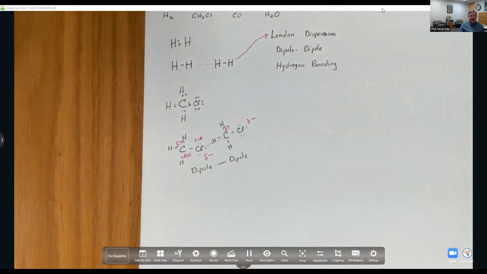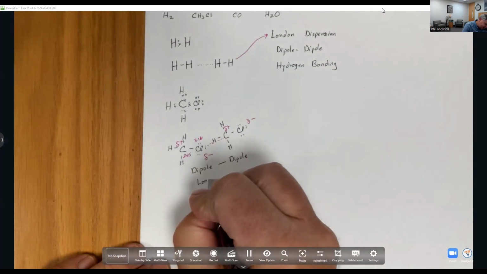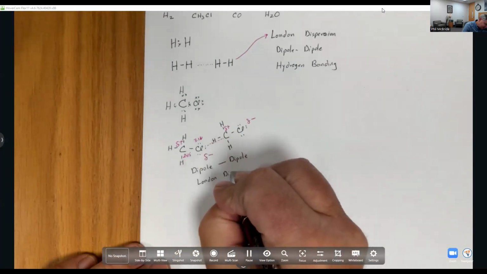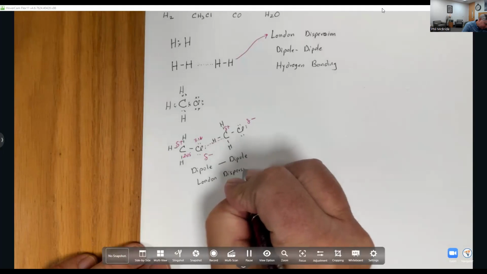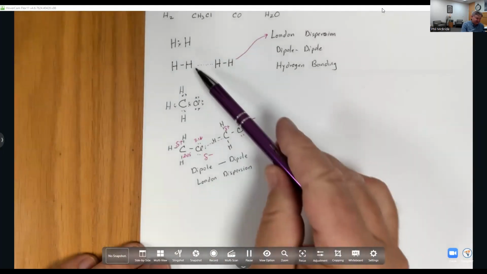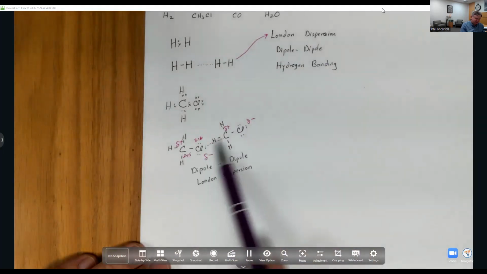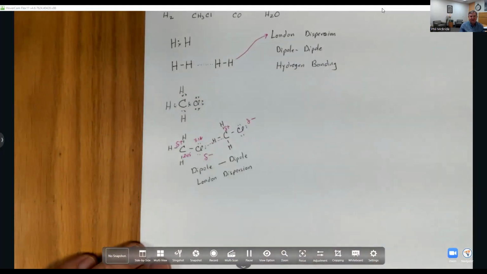So this one is dipole-dipole and London dispersion, because everything has London dispersion. So the hydrogen molecule was only London dispersion. This molecule is both dipole-dipole and London dispersion.